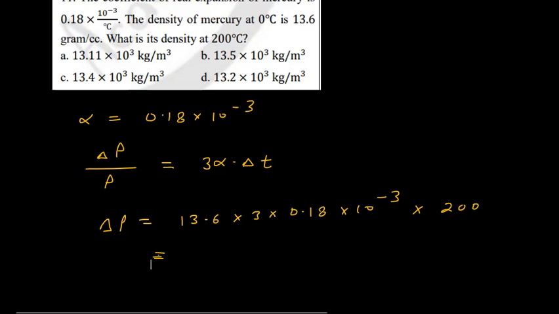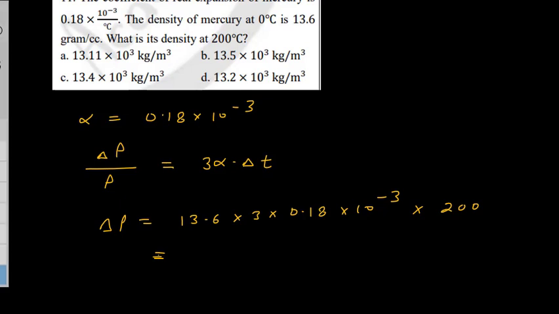So this is change in density, 13.6 multiplied by 3 multiplied by 0.18 into 200 into 10 raised to minus 3.